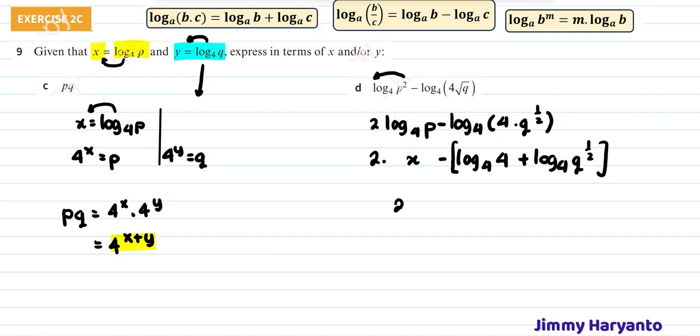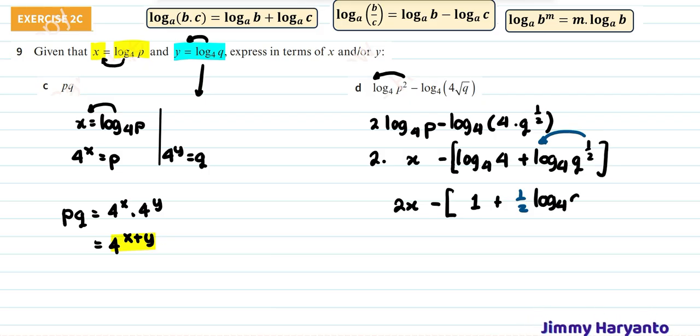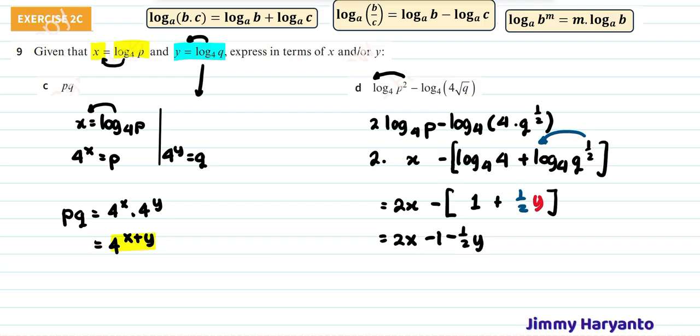Okay, this one is 2x minus, this one is log 4 equals to 1, and this one is, move it to the front for the half, and then you have logarithm 4q. Logarithm 4q equals to y, so you can replace this into y, and then just simplify it. You will have 2x minus 1 minus half y. This is the final answer.